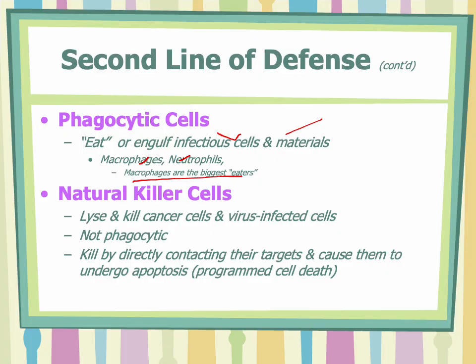The natural killers are other cells that we are born with. They lyse, meaning destroy and kill, cancer cells and virus-infected cells. They are not phagocytic. Basically, they target the cells, and then they give them like a clockwork bomb, so they die. Okay?